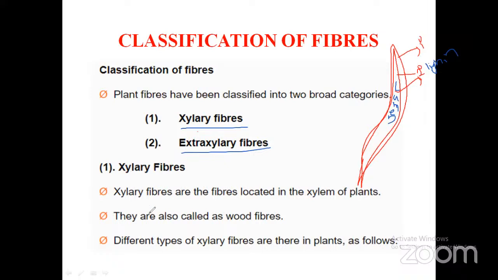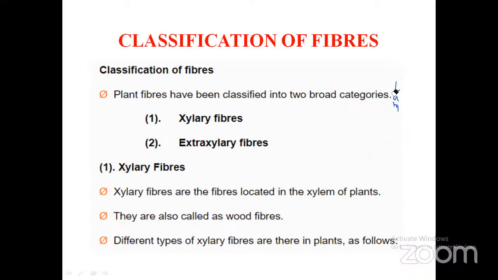They are also called wood fibers. Different types of xylary fibers are in the plants. They are fiber tracheids and libriform fibers. I will explain both in detail, but let me give a brief introduction here.